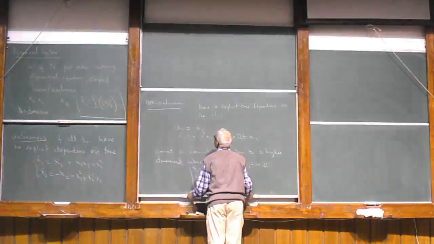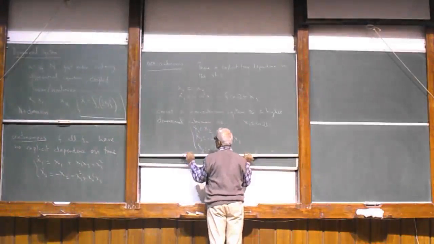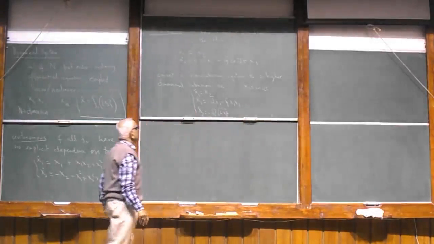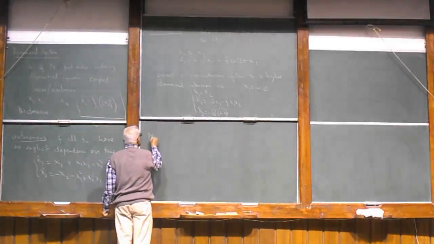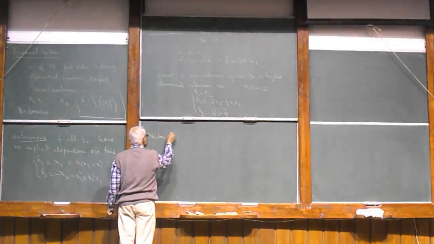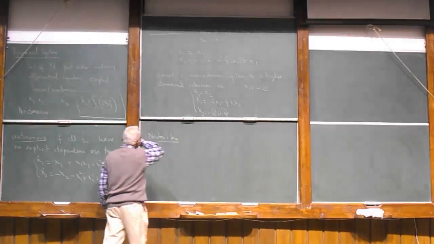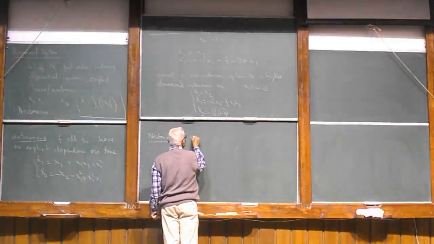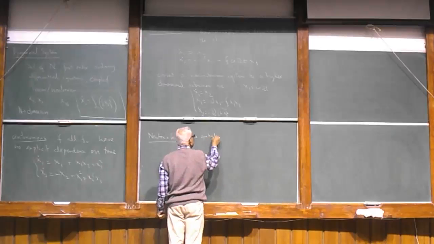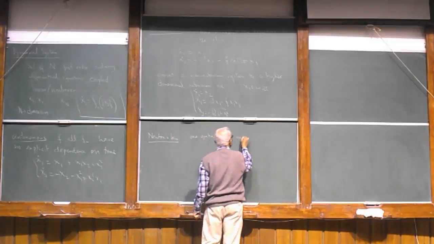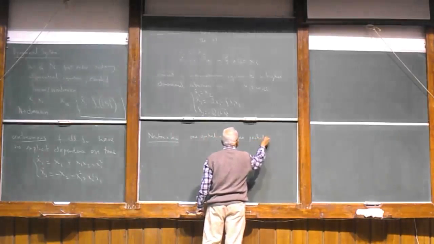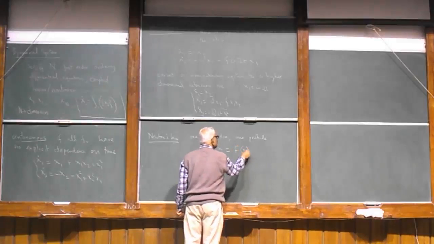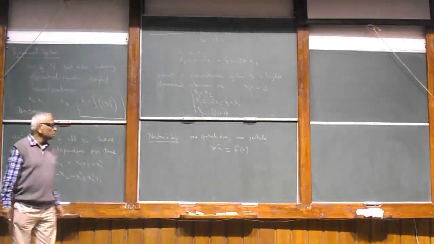A very standard example of a dynamical system is Newton's law. In one spatial dimension, with one particle, mass times acceleration is equal to some force f of x.